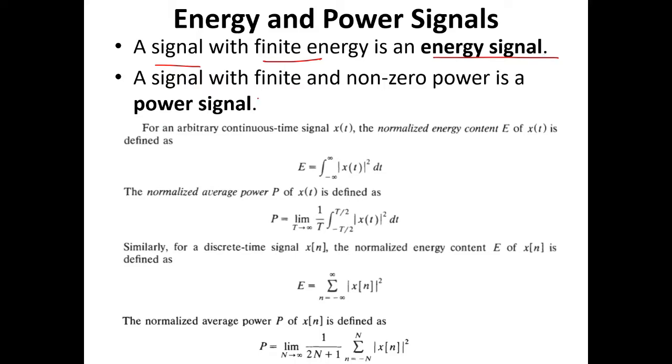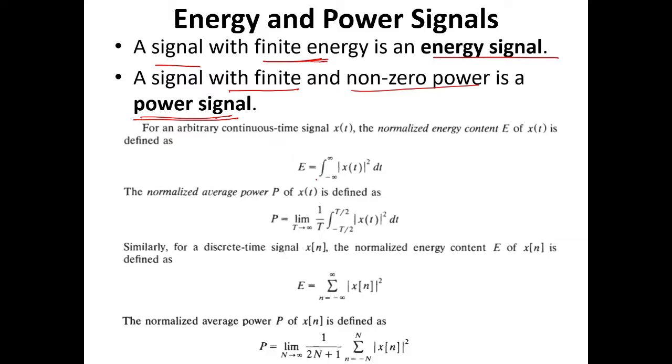A signal with finite and non-zero power is a power signal. If we have finite energy, then the signal is called an energy signal. If we have finite and non-zero power, then it is a power signal.